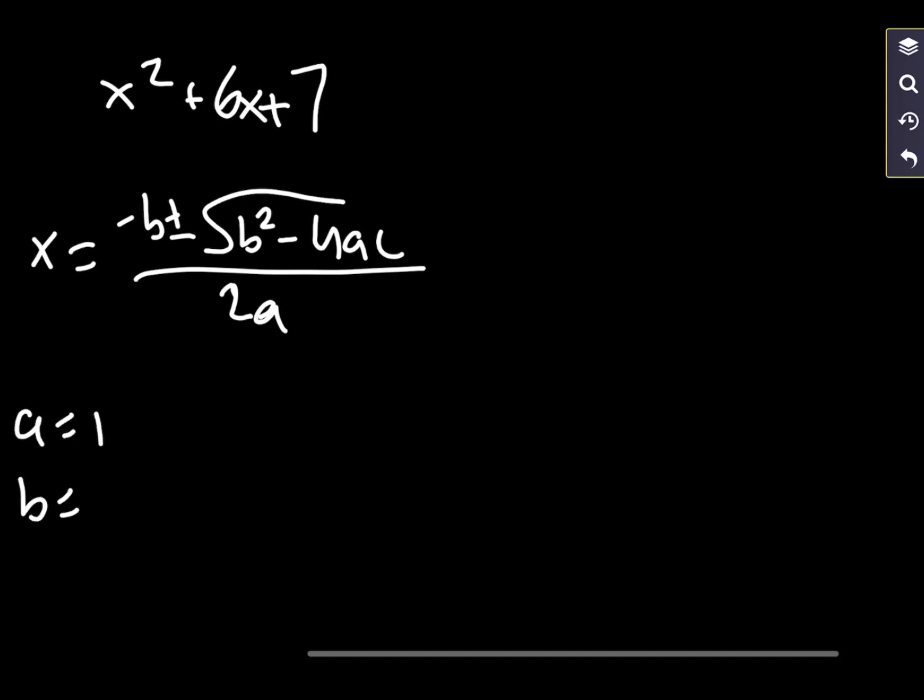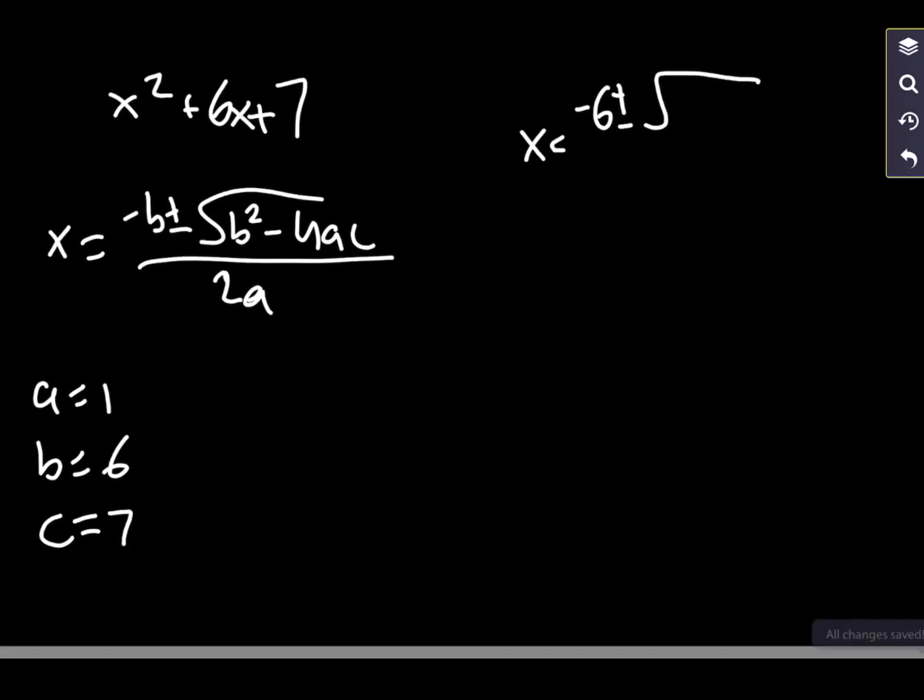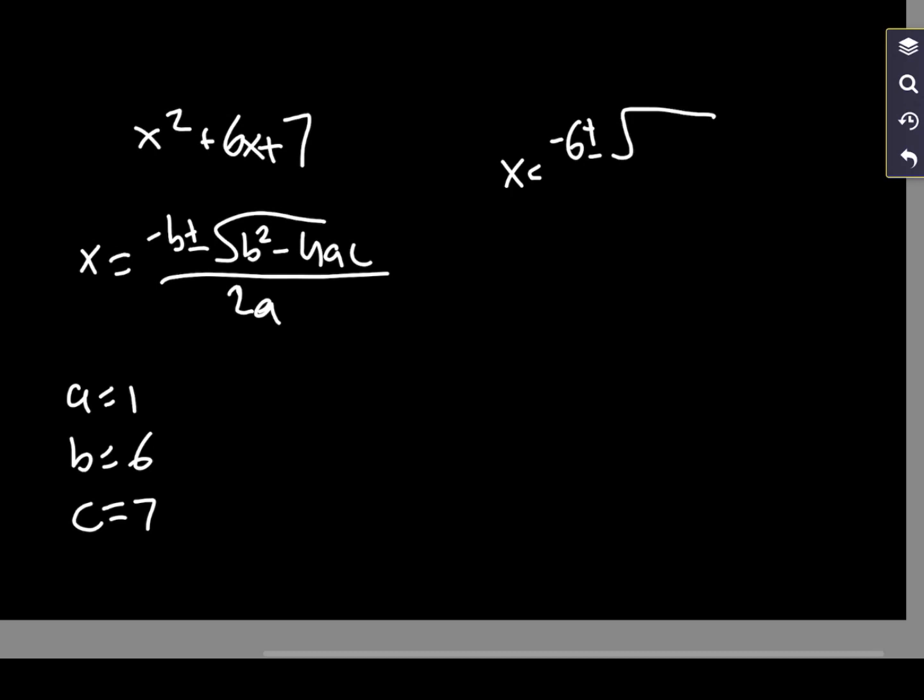Our b value is 6. Our c value is 7. x equals negative 6 plus or minus the square root of 6 squared, that's 36, minus 4 times a times c, our c value is 7, all over 2a. 2 times 1 is 2.